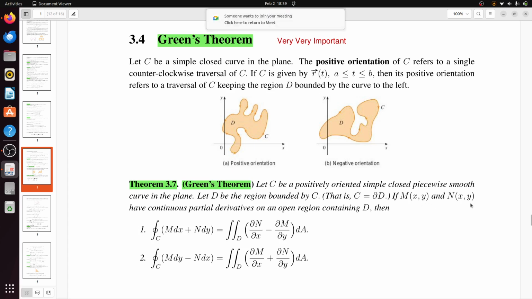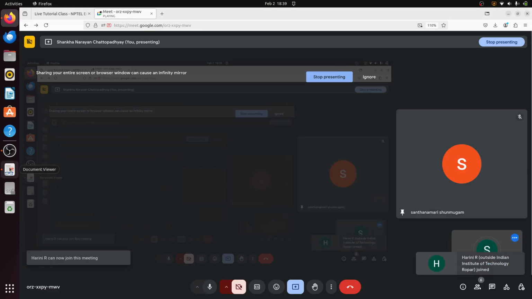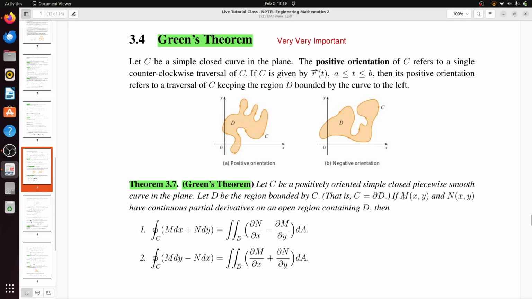If you have M(x,y) and N(x,y) with continuous partial derivatives on an open region containing D, then the integration over C of M dx plus N dy, and just remember that this is a closed integration. What does it mean? It means the path integral is taken over the closed contour, this closed contour.